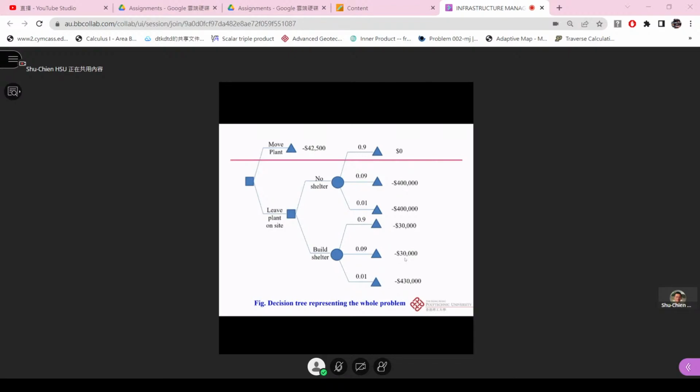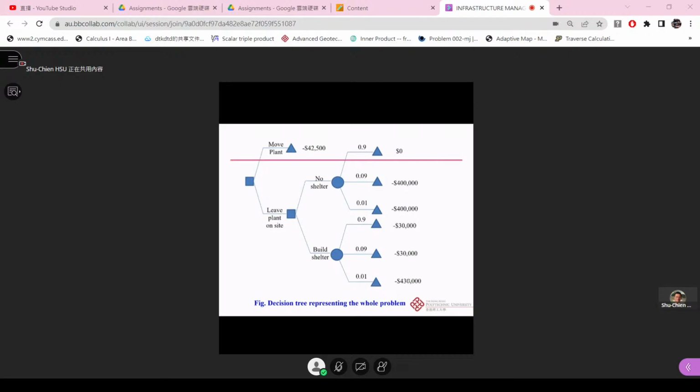We have the negative 30,000 here, and we still have the 1% chance that all the facility, including the plant and also the shelter, will be destroyed by the major typhoon, which is the negative 430,000. You destroy everything, you lose everything. But only a 1% chance.